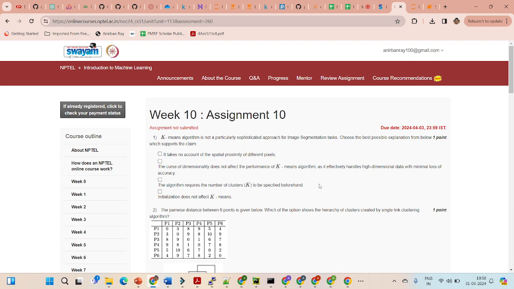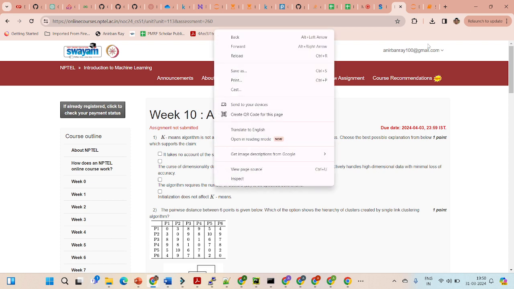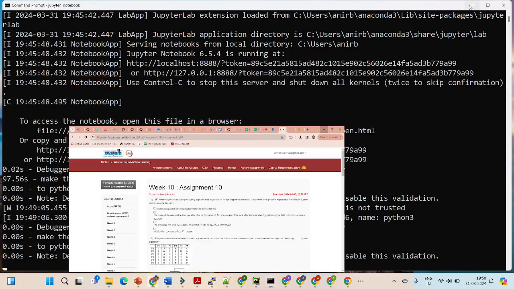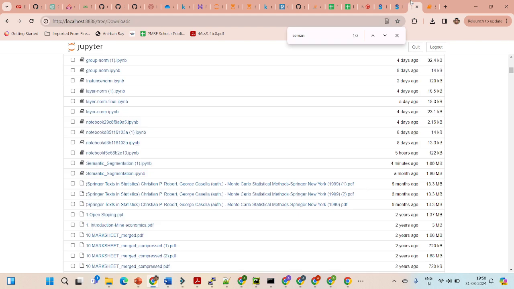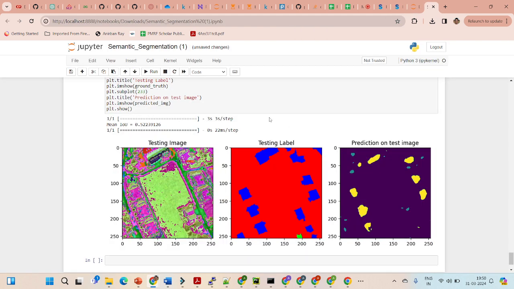From this you can easily understand that one of the reasons is that using k-means clustering, you have to cluster this image into different parts, but you don't know the label, and you're not given the test label. This is unsupervised. Only the image is given, you have to cluster it, so you don't know into how many clusters.